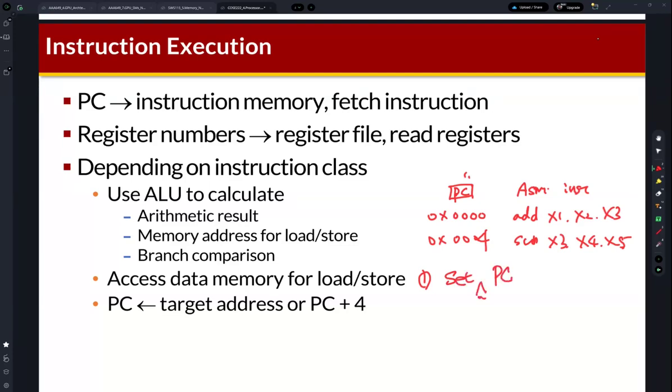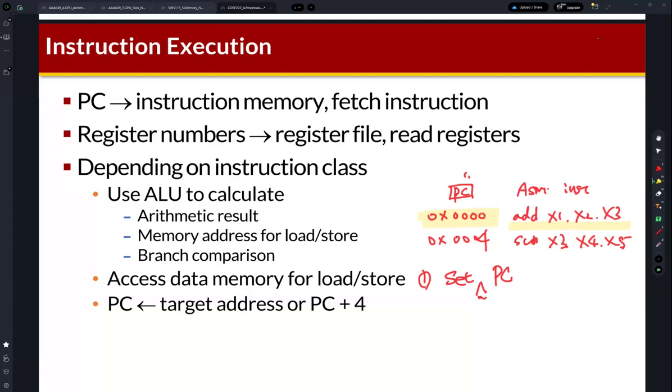In this example, in order to execute this add instruction, a processor needs to set the program counter value as 0x0000. So the first step is to set up the program counter value.